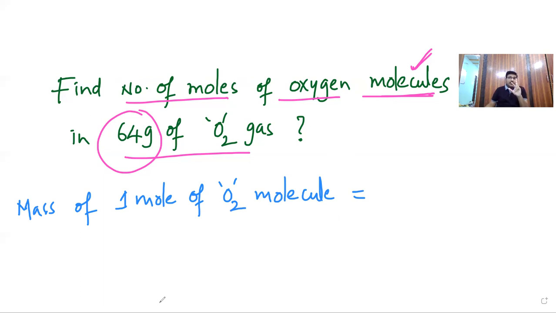The atomic mass of 1 oxygen atom is 16 grams.